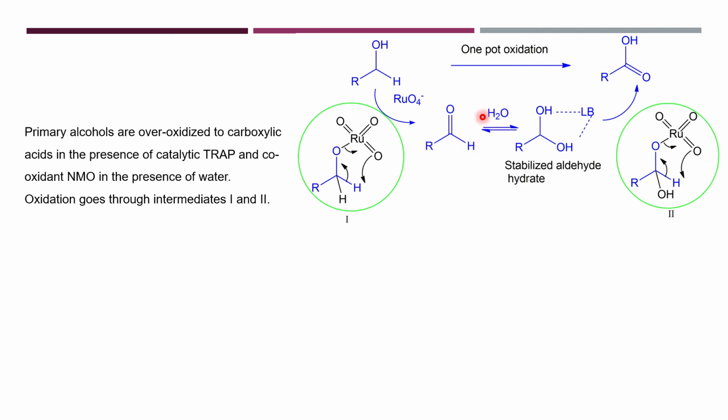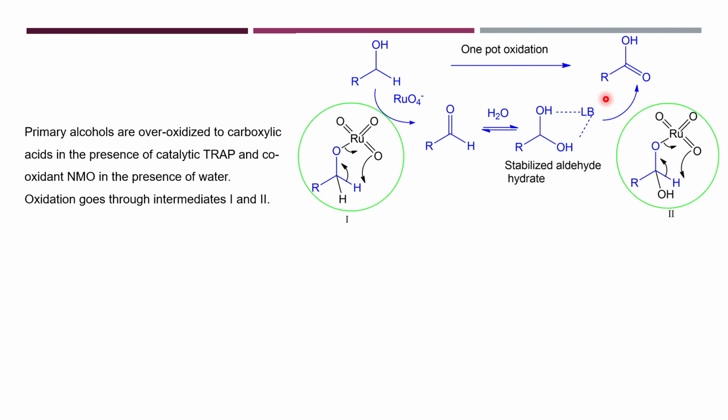Water is there, so the reaction forms this intermediate, this aldehyde. Then the water is reacting. There is a Lewis base here; Lb means the Lewis base. Now this further oxidation takes place via this ruthenium ester, and then abstraction of the second proton takes place, and we get the acid group.